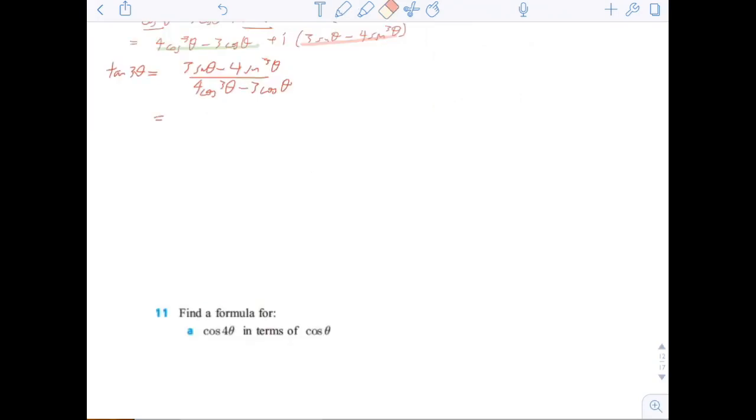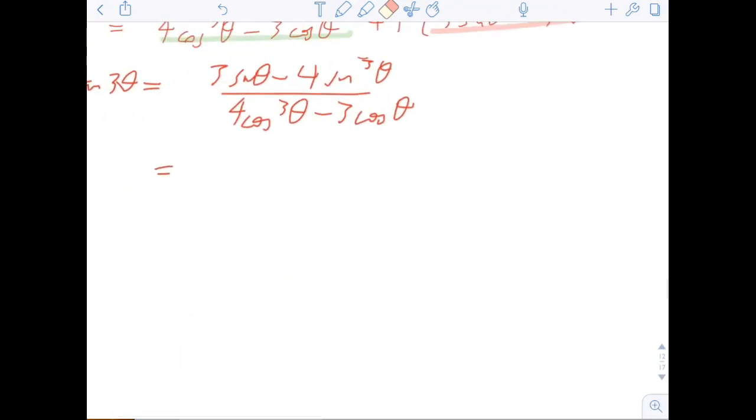So first we're going to factor out sine from the top and cosine from the bottom. So we'll factor out sine theta, and we'll have 3 minus 4 sine squared theta. And we factor out cosine theta from the bottom, so we'll have 4 cosine squared theta minus 3.